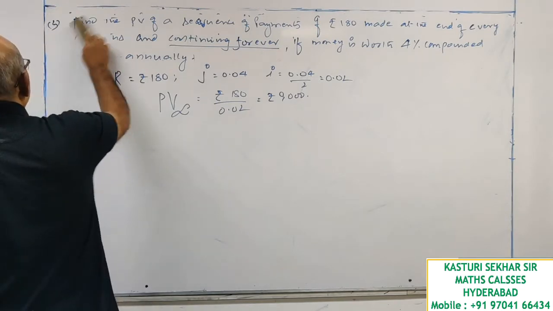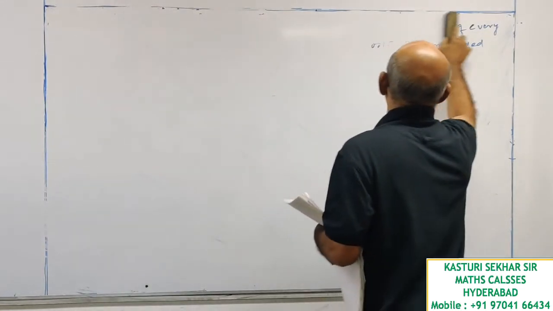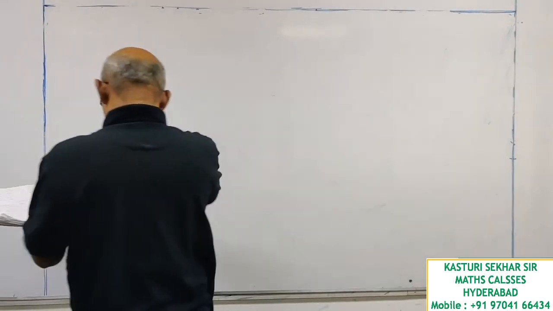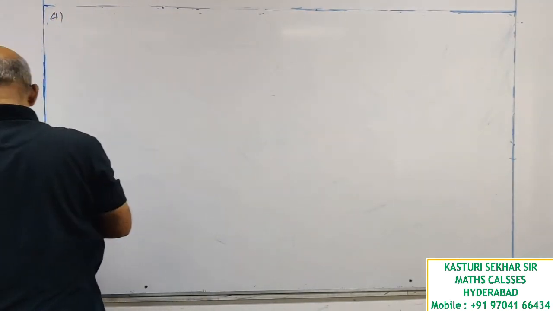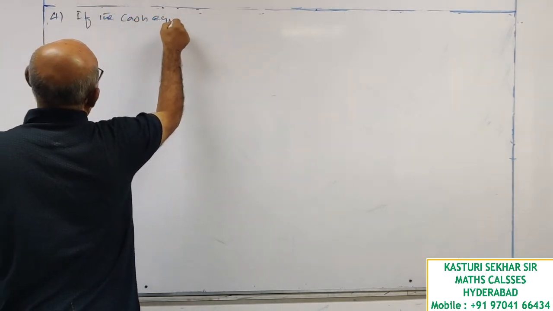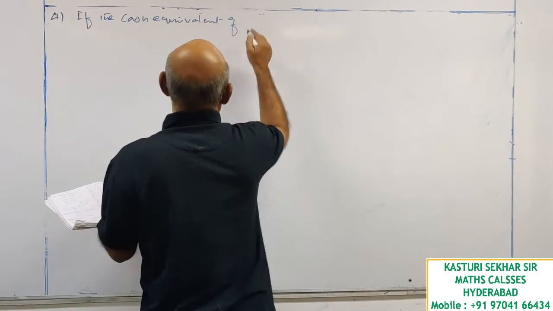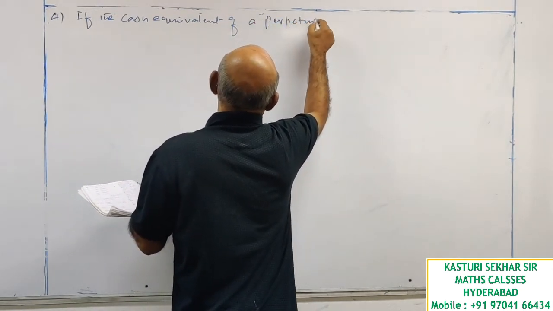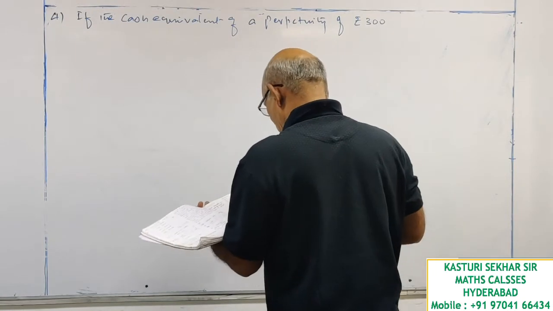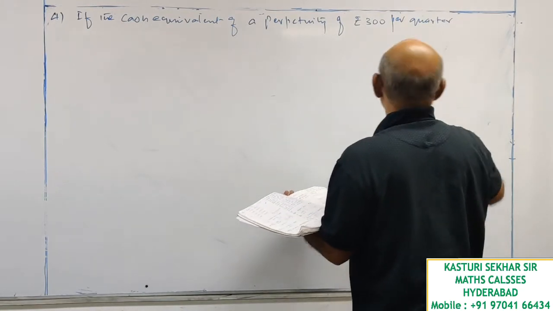Next question. The cash equivalent of a perpetuity of rupees 300 per quarter is rupees 24,000.